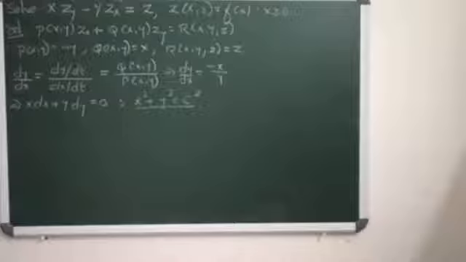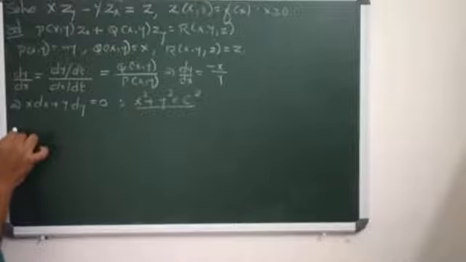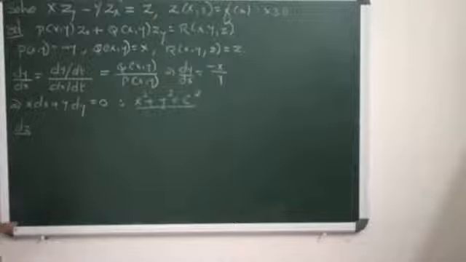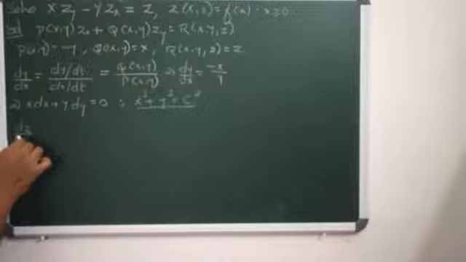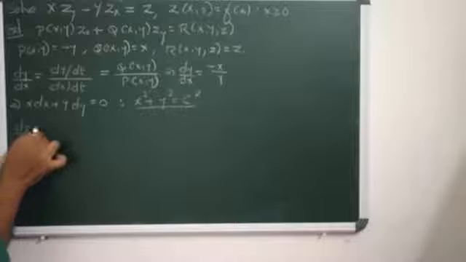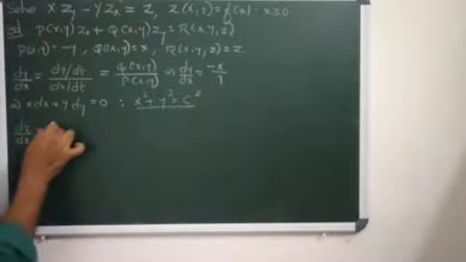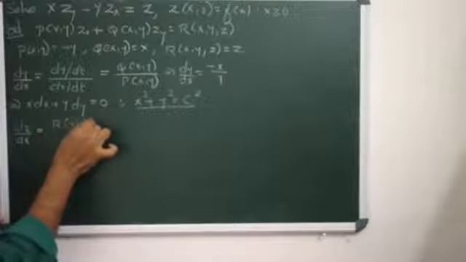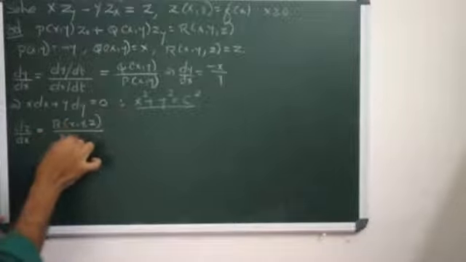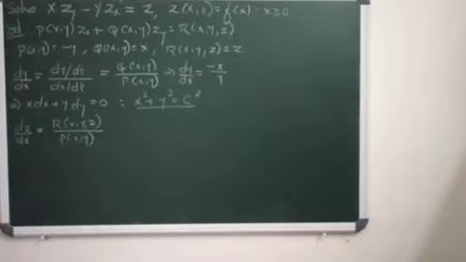Okay. Also, what is dz/dx? Along the curve, z satisfies the ordinary equation dz/dx equals r(x,y,z) divided by p(x,y). Why?